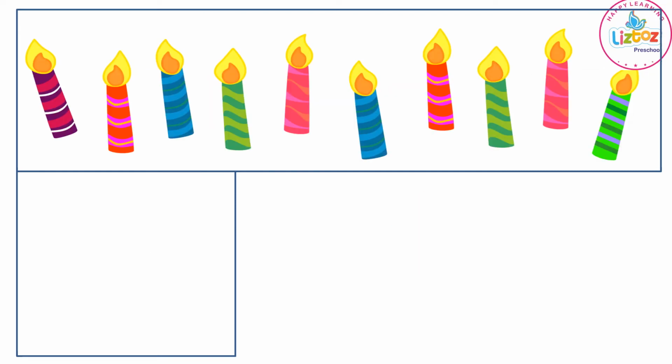Now see children, how many candles are there? Start counting with me. 1, 2, 3, 4, 5, 6, 7, 8, 9, 10.